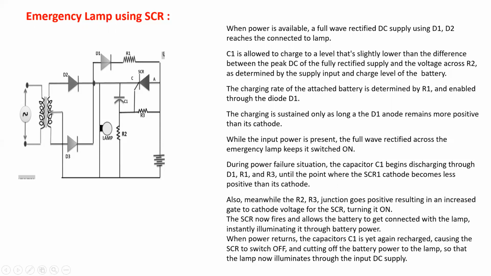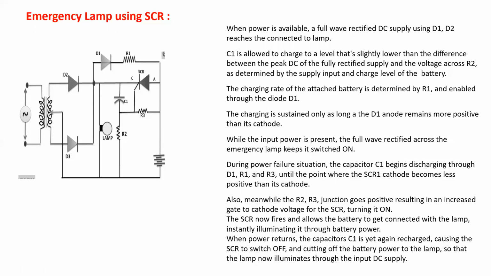Now this is the description of the circuit, in which diode D1, resistor R1, capacitor C1, R2, resistor R3, and a center tap rectifier are used along with a battery and an SCR.